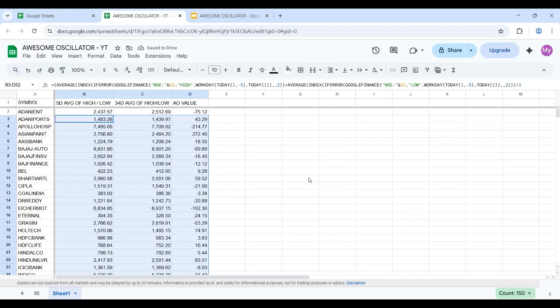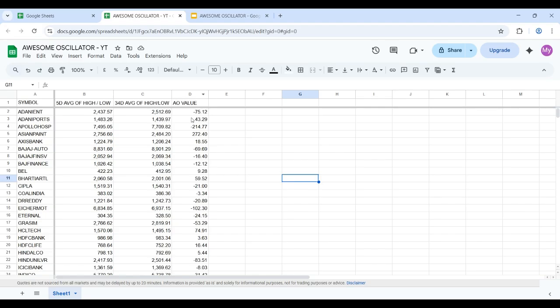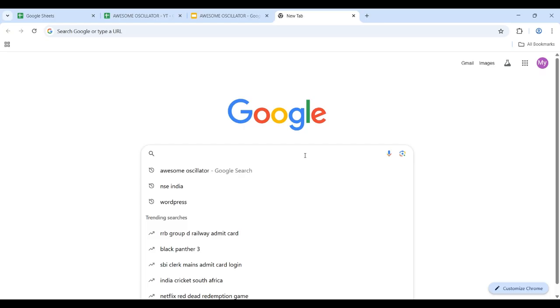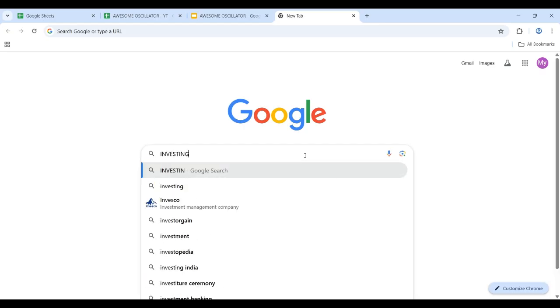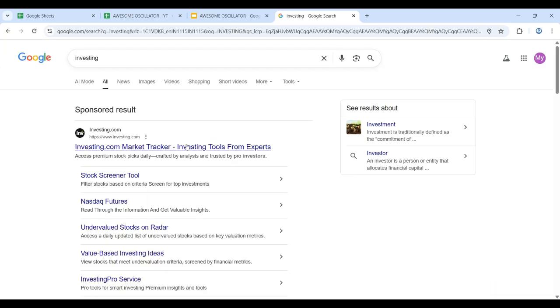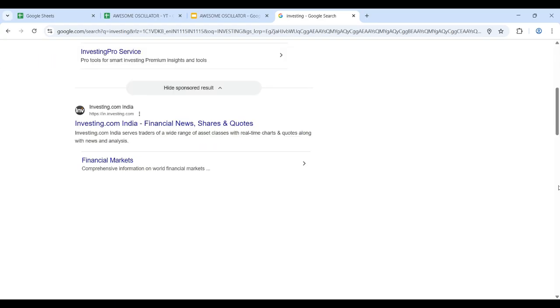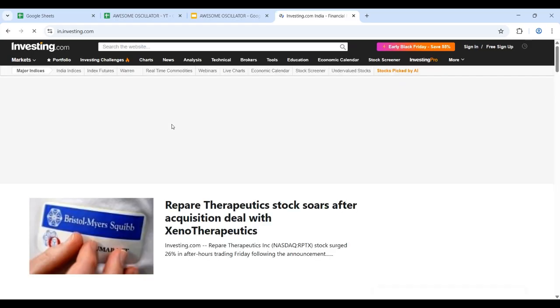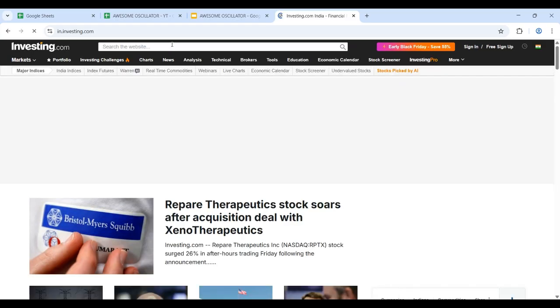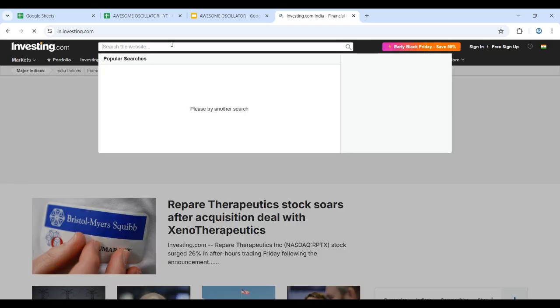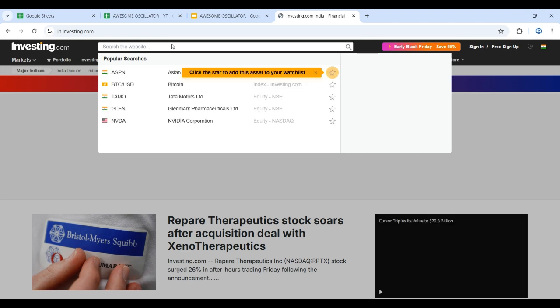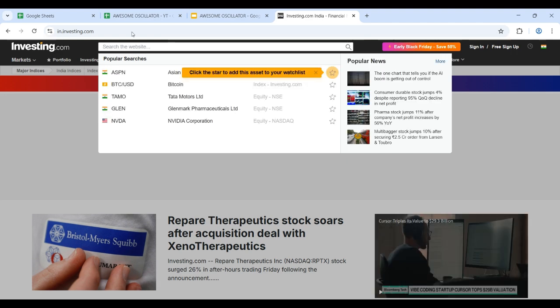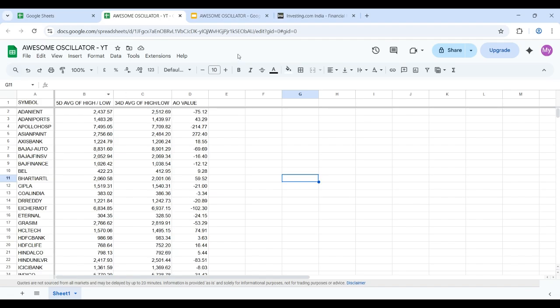Okay, for Nifty, so now we will check whether the values which we got are correct or not. So I'll go to a website called Investing, and let's say, what is the first one? Adani Enterprises.